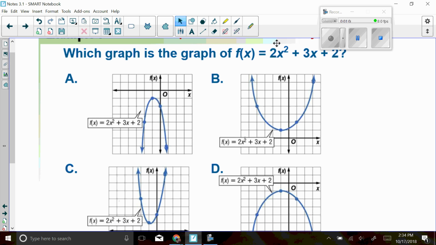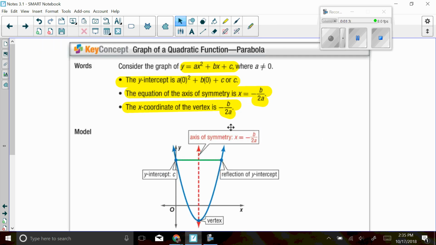We are going to talk about this later, but my a value is 2, which is positive. And positive people are smiling people, so it should be a smiley face graph. So I have either B or C. So A and D are automatically out. Next thing, I typed it in my calculator, and then I looked at my table, or I looked at my graph, and the only one that works is C. There it goes.